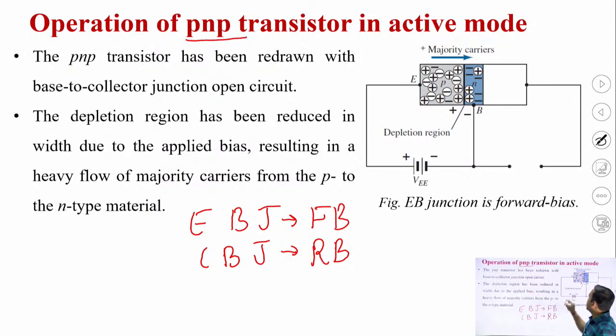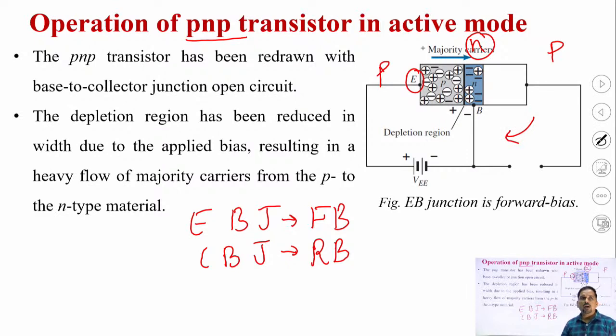Means the emitter is of P type. Here we have N and here also we have P. So emitter and collector both are of P type, whereas the base is of N type. We have two voltages, one at the emitter base terminal and the other applied at the collector base terminal.